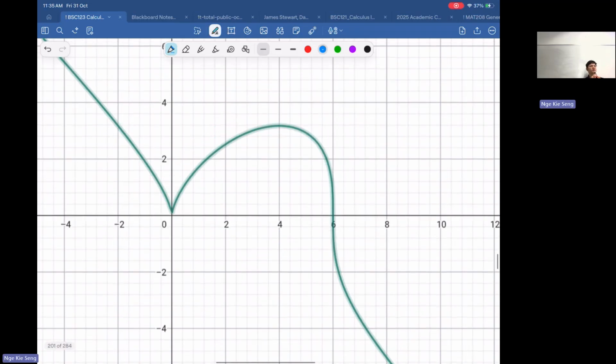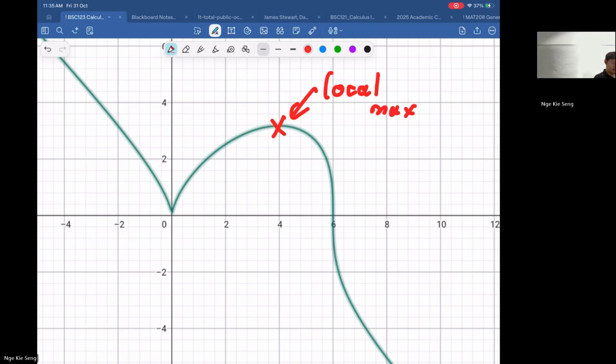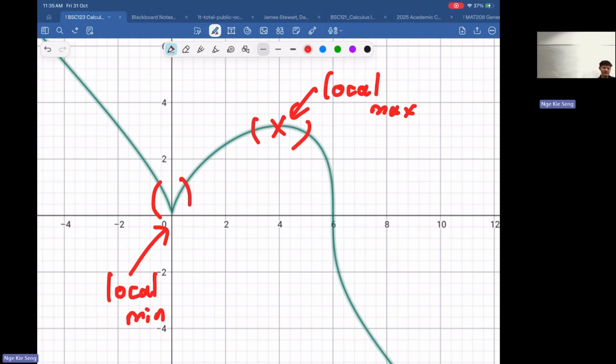Where's the local max? Where's the local min? Around 4, yeah. Local max is around here. Local min is at 0, because if you make a neighborhood around it, everything else is greater than f of 0. And if you make a neighborhood around f of 4, everything else is below it.